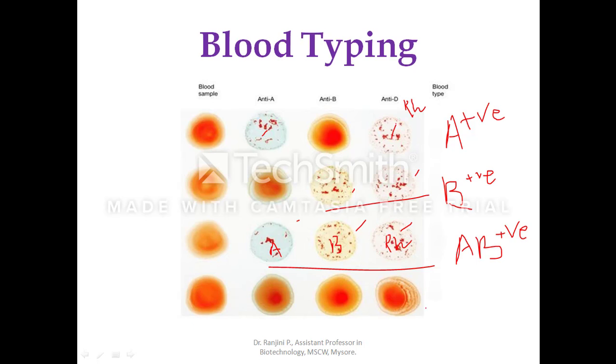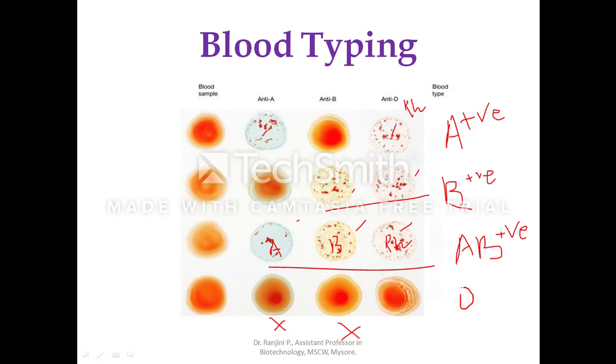But here you can see the clumping is observed in the last one, where A is not having the clumping, B is not having the clumping, but here you will find the clumping in very low concentration.